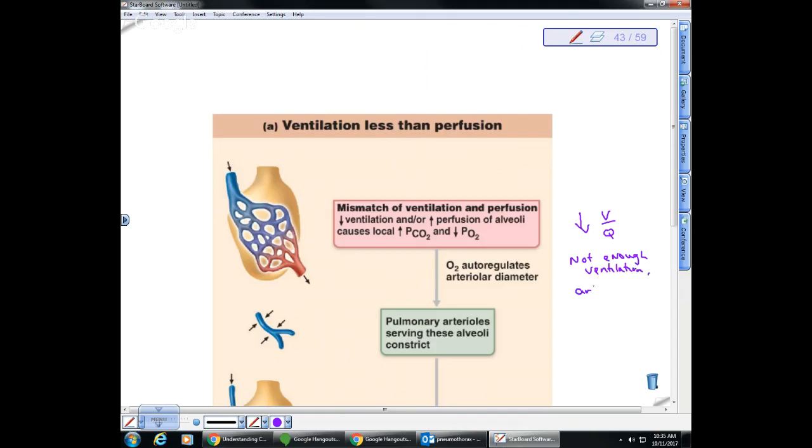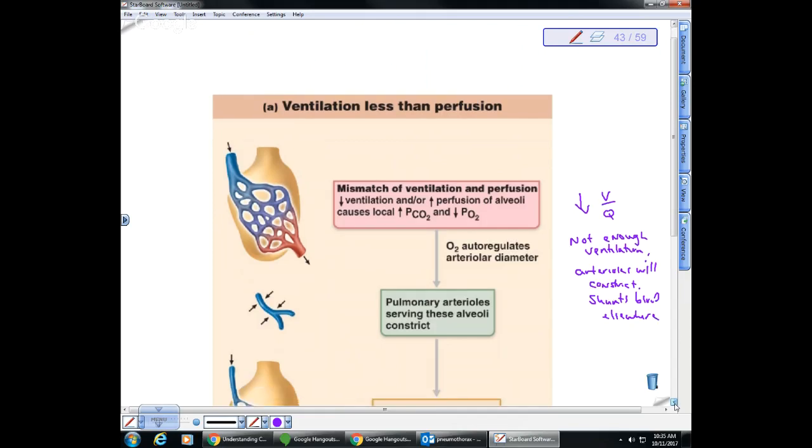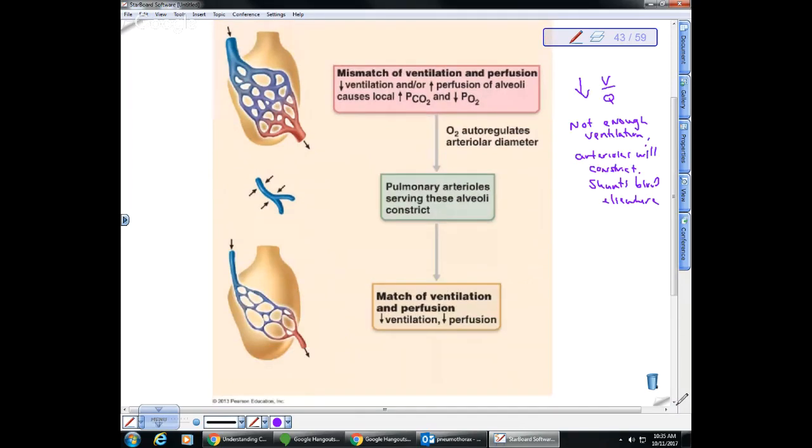And the arterioles will constrict, shunting the blood elsewhere. Okay. So then Q will go down, right? And so it will go back to a 1, right?